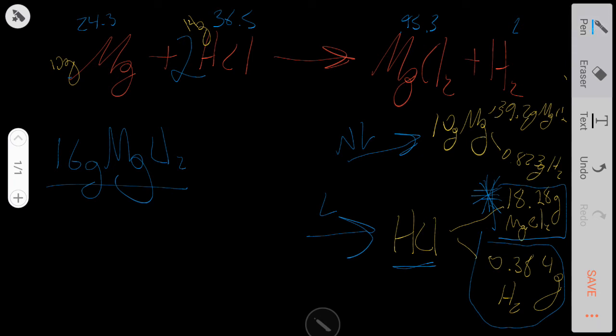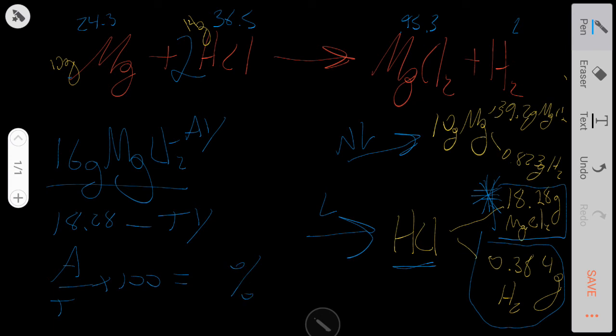So my actual yield, I'm going to write this out here. My actual yield is 16. My theoretical yield is whatever my limiting reagent gave me, which was 18.28. To calculate percent yield, we do actual divided by theoretical times 100. So my actual is going to be 16 divided by 18.28 times 100, and that will give you a percent.